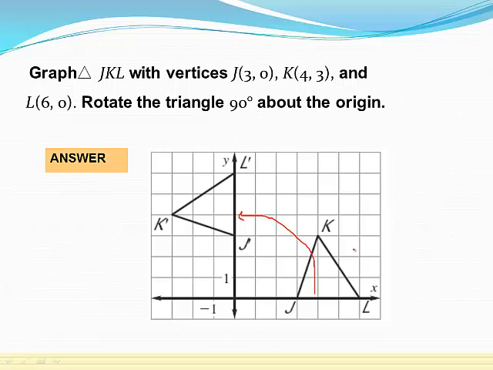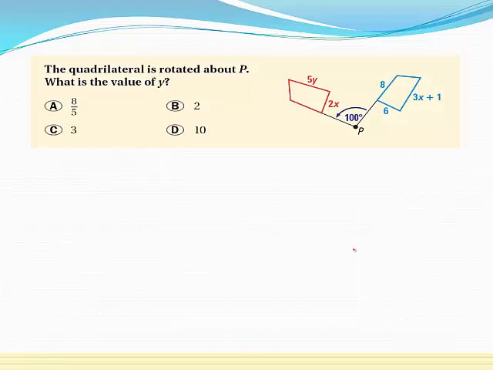Okay, and the last one: a quadrilateral is rotated about point P. What is the value of y? What you have to do is visualize and see which corresponding parts are the same when it's rotated. What is 5y's corresponding part? Would it be 8, or 3x plus 1, or 6?